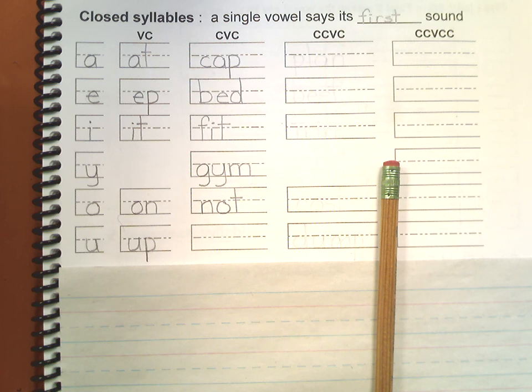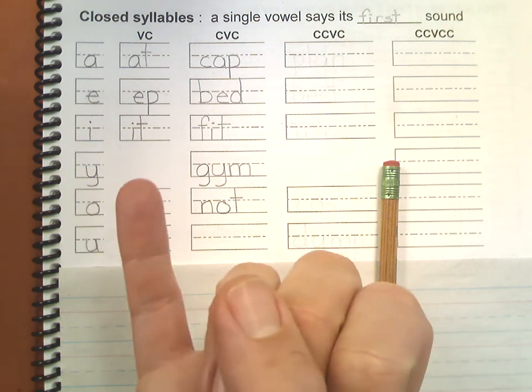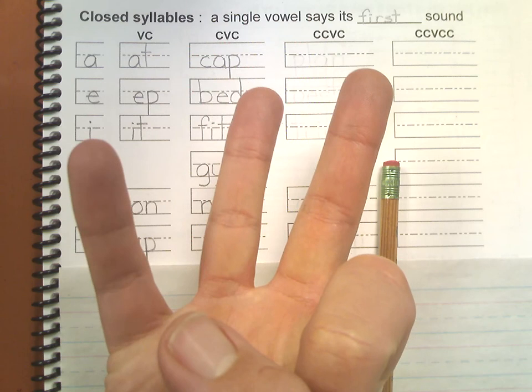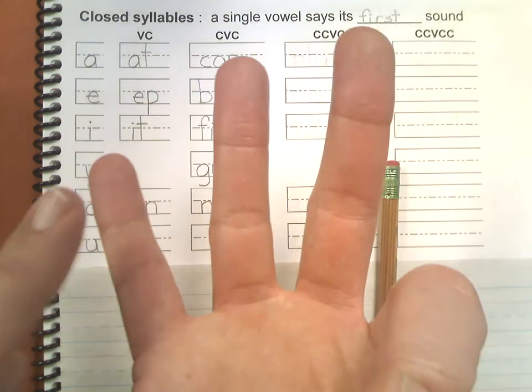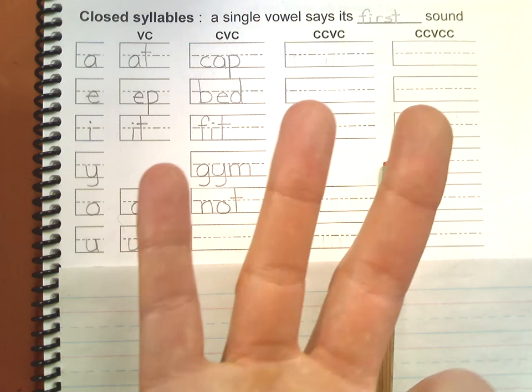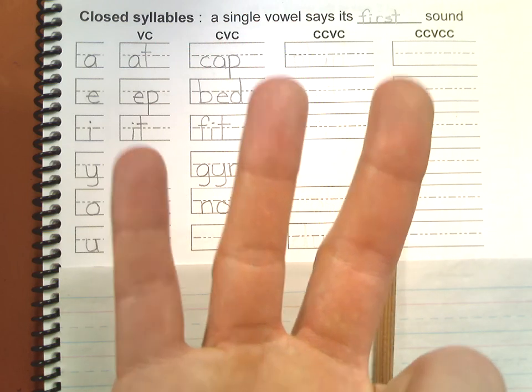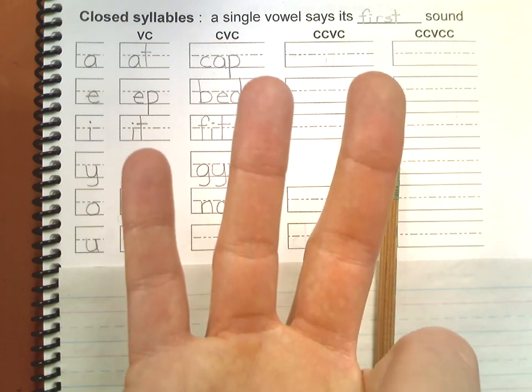Let's do the word cut. Let's see. When I was little, I cut my own hair. Cut. What sounds do we hear in the word cut, class? Good, k, u, t. All right, and remember, which k do we always use unless I tell you to use something different? Good, c, k.